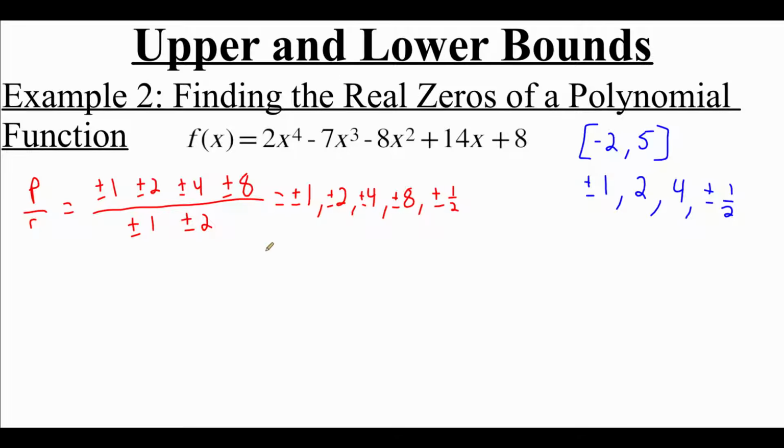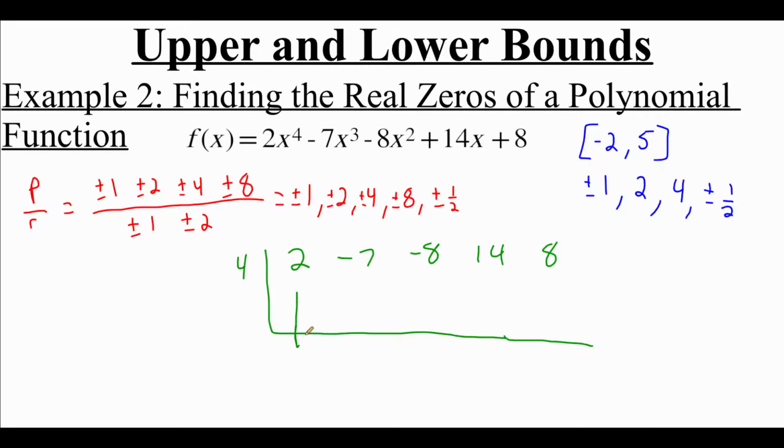So I'm going to set up my synthetic division bracket with all of my coefficients on the inside of that bracket. And I'm going to guess a number off of my newly narrowed down list. And I'm going to guess 4.